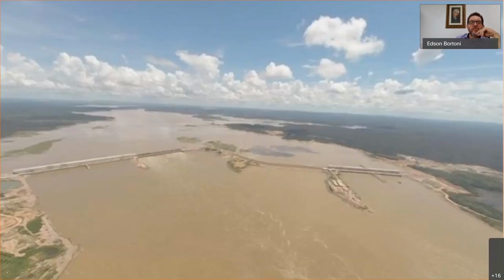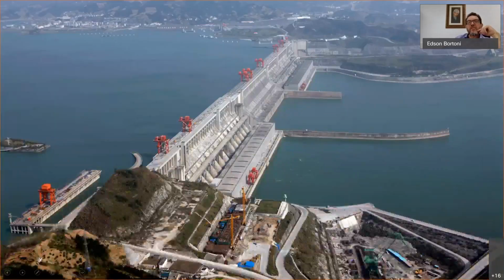And here is a big, huge power plant on the Madeira River. It means wood river. And the biggest hydropower plant at this moment is the Chinese hydropower plant. They call it the Three Gorges power plant. It's the biggest we have nowadays.